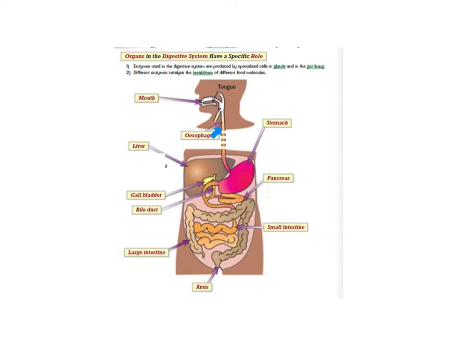So we go down into the esophagus. From the esophagus, food enters our stomach, where it begins to be broken down. We have chemicals released from the liver, which is here, and the pancreas, which looks like a leaf under the stomach. They release chemicals that help break down our food.